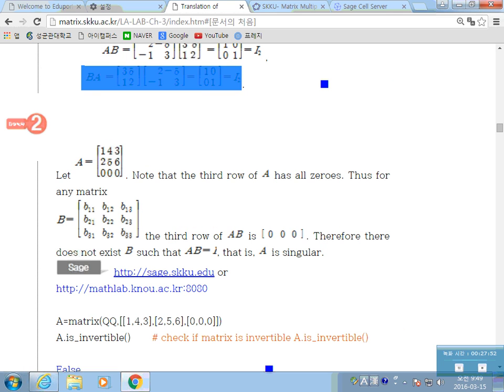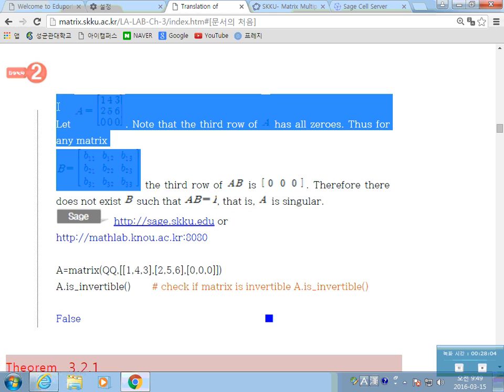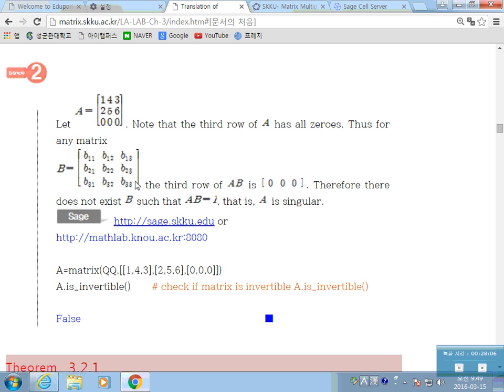When A is given like this, it has a row of zeros here. In this case, it does not have an inverse matrix, because if we multiply any arbitrary matrix here, the third row of this matrix is always zero: zero times this, zero times this, so the third column of AB is always zeros.